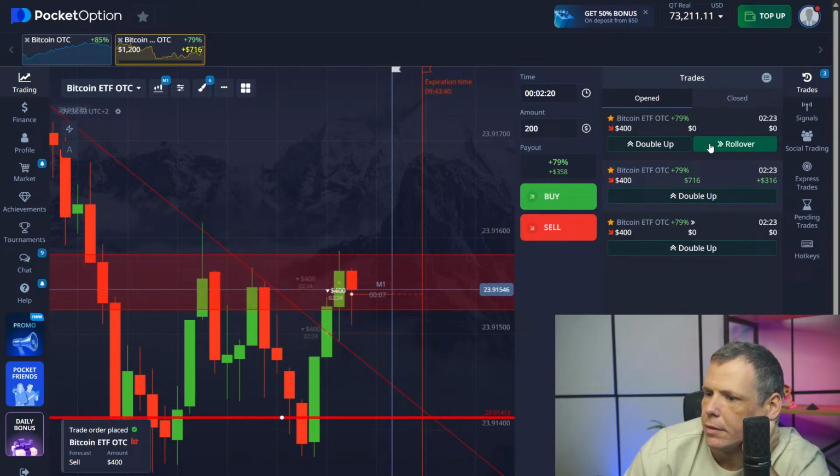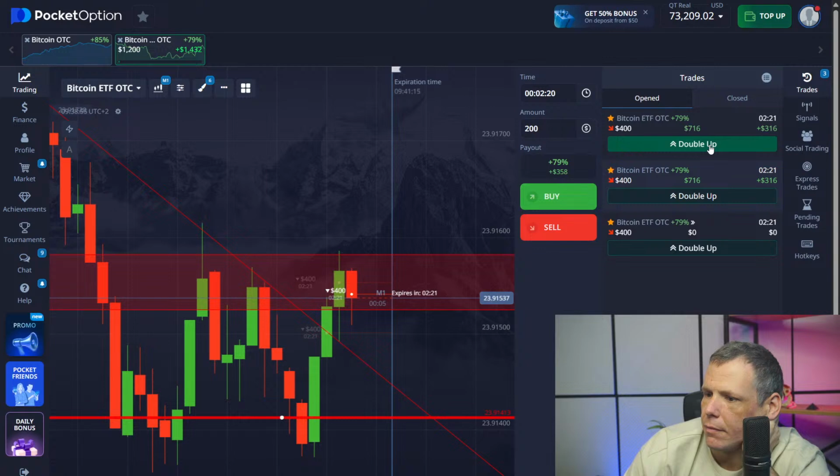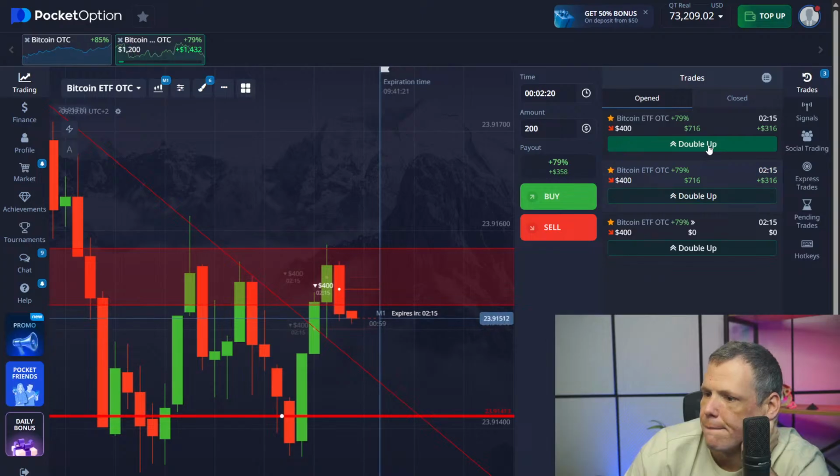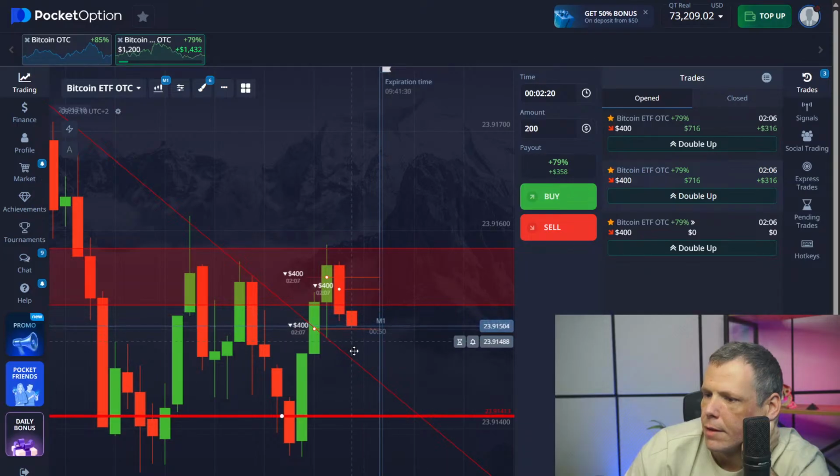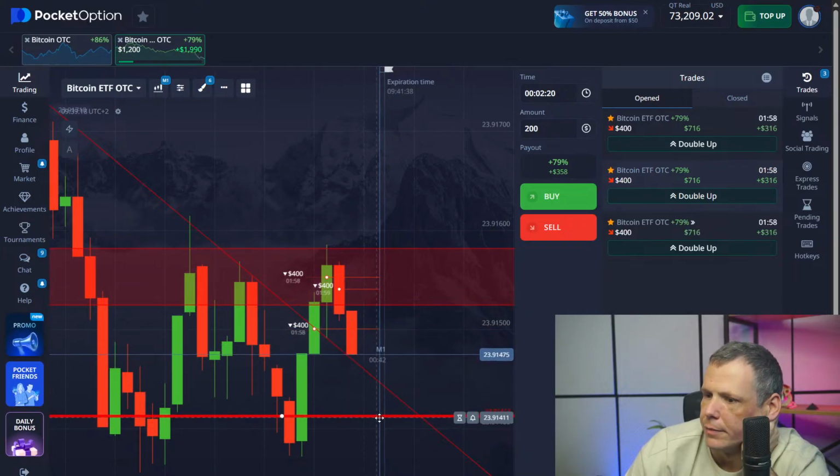Just because we're going to make some bank here. Yeah, you see what I mean? And it's going to get pushed down over to here. At least one or two candles.